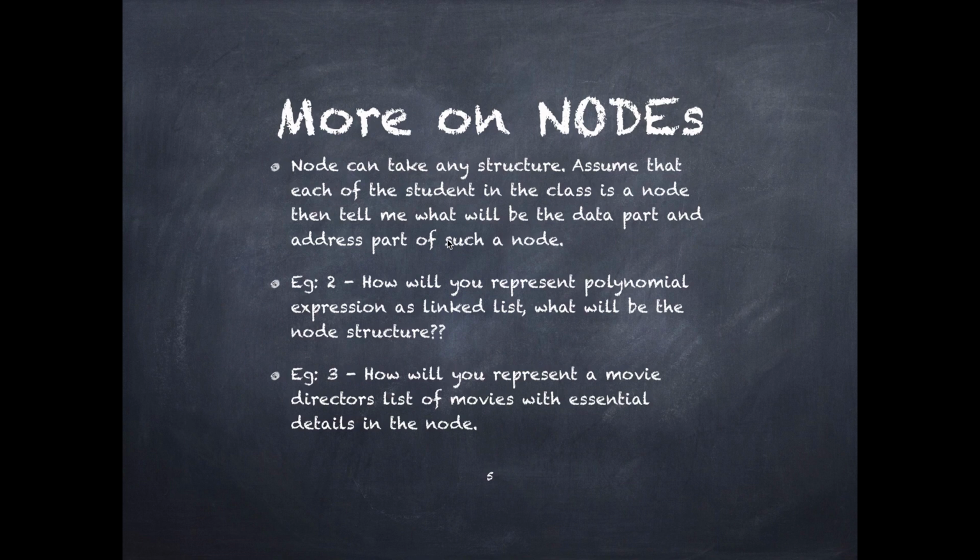Some of the applications I have discussed here: a student, where the student is a node, then the polynomial expression, and then the movies. Hope you understood the node and linked list. Okay, going to the next slide.